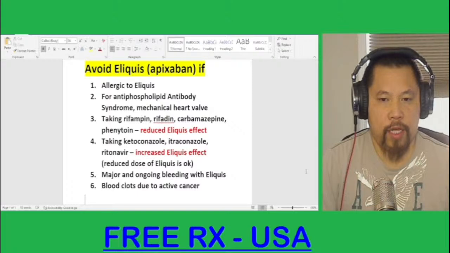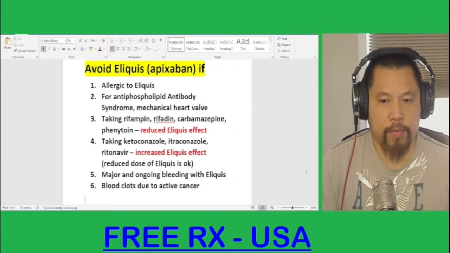You should not take Eliquis if you are taking rifampin, carbamazepine, or phenytoin, because these medications may reduce the Eliquis.